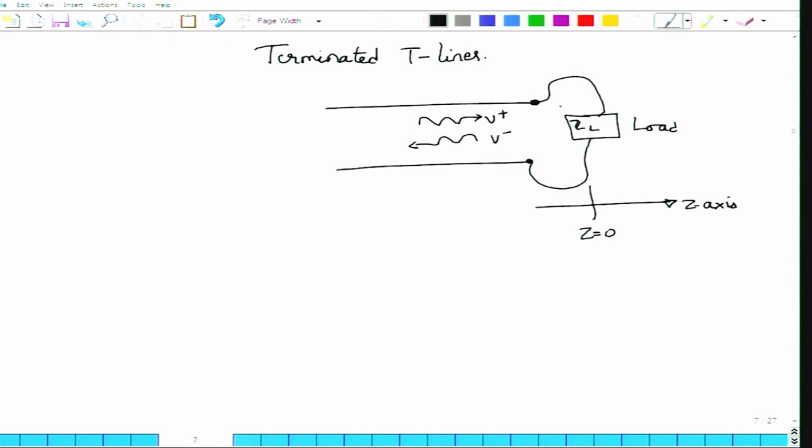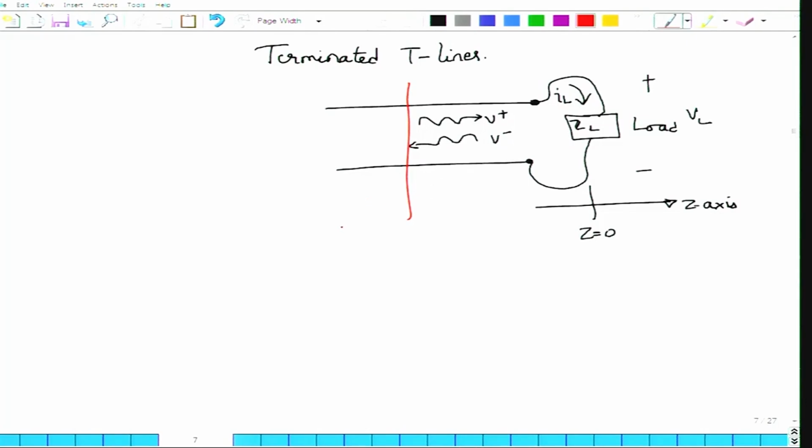The load impedance of course is the termination condition, which tells you that there will be some current flowing through the load, which we can label as IL, and there will be certain voltage across this load which we can label as VL. Now, on the transmission line at any z that I can take off at any point on the transmission line, there will be both positive and negative going voltages, right.